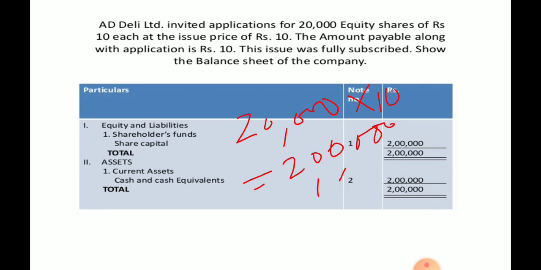The amount payable along with application. Okay. It means only the first time they receive the whole money, and it is written that this issue was fully subscribed. So 20,000 equity shares are purchased by the people and the whole money is received. So here it is written as 2 lakh.